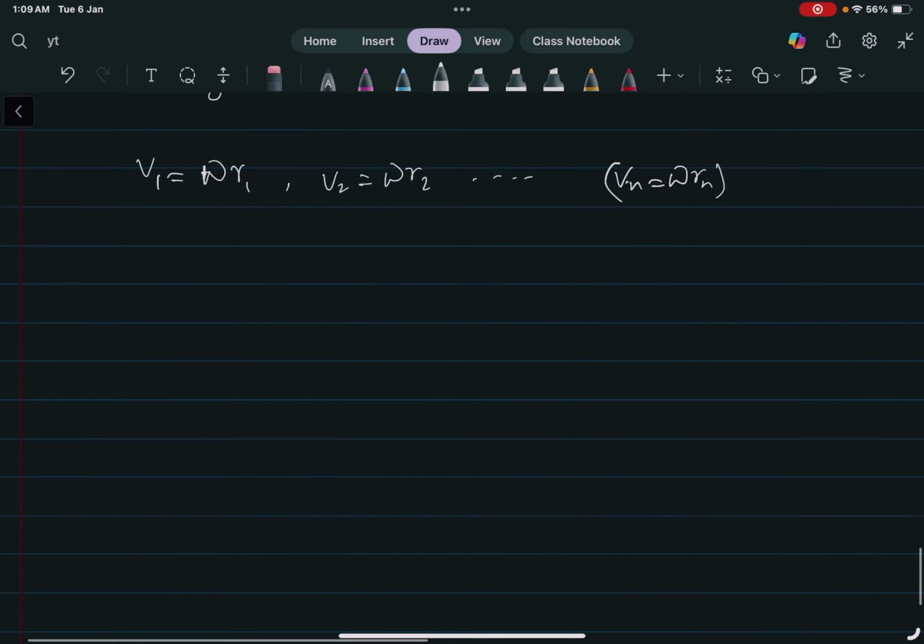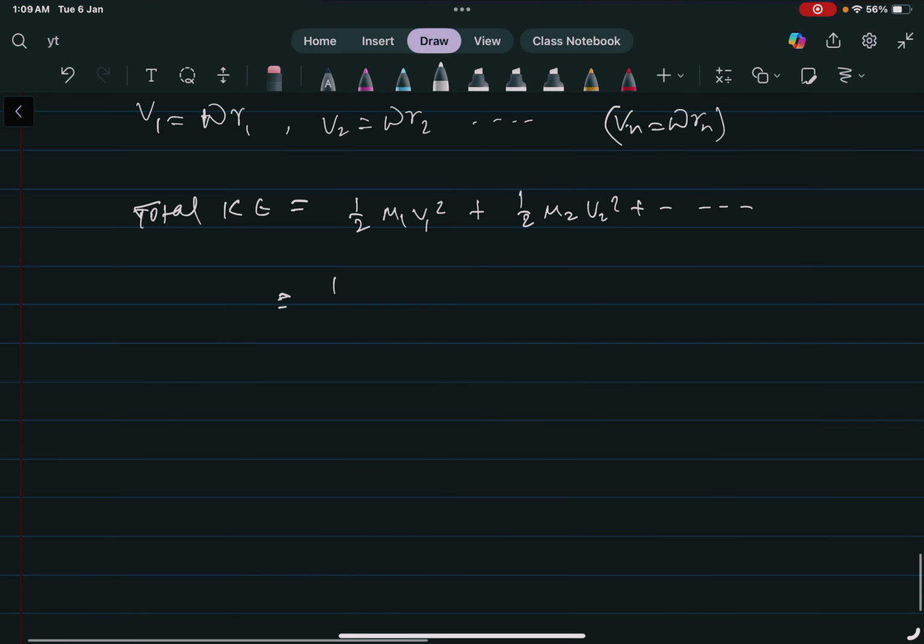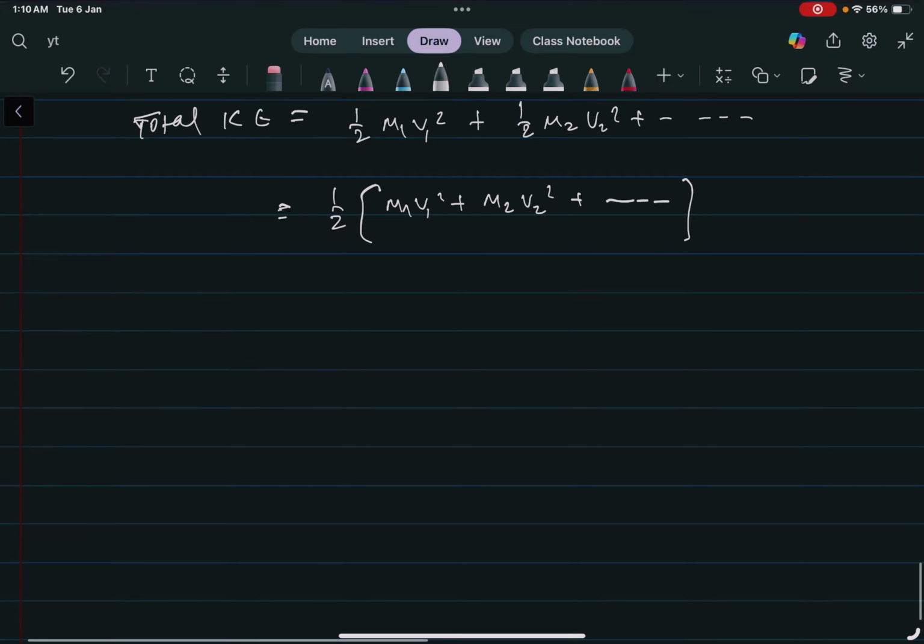Now the total kinetic energy is equal to half m1 v1 square plus half m2 v2 square and so on. Half is common for all of them: half times the sum of m1 v1 square plus m2 v2 square and so on. We know that v is equal to omega into r.